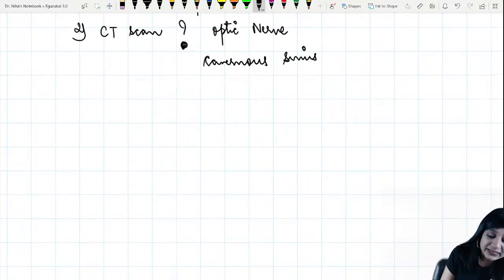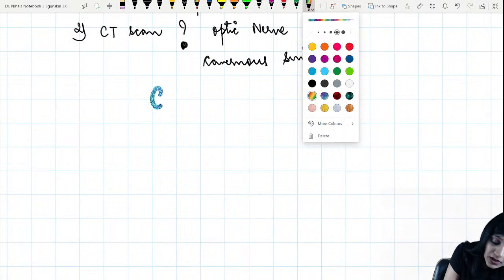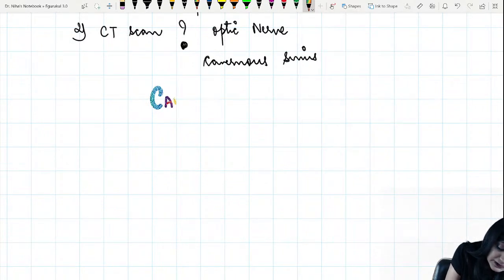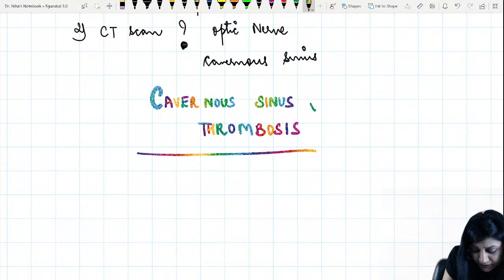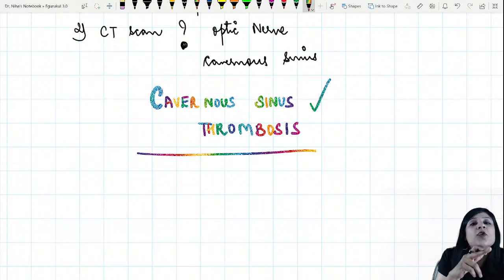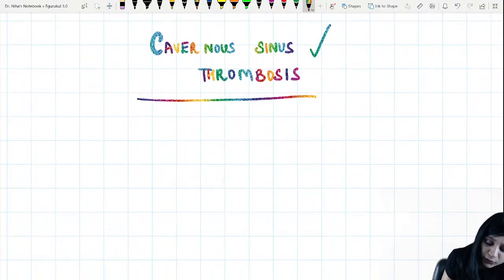Now basically we are worried about cavernous sinus thrombosis. We are worried that this child may go into cavernous sinus thrombosis.